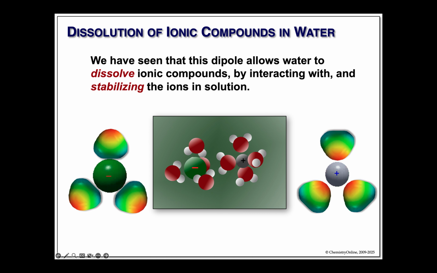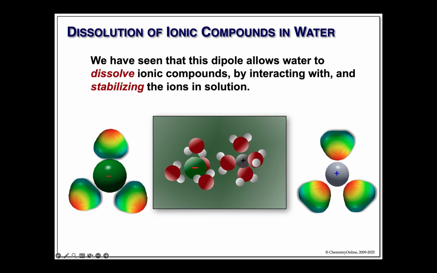We saw that the fact that water was polar is what allows it to take ionic compounds like sodium chloride and dissolve them. It stabilizes the charge by bonding the positive end towards the anion and the negative end towards the cation. This disperses the charge and makes things stable in solution.